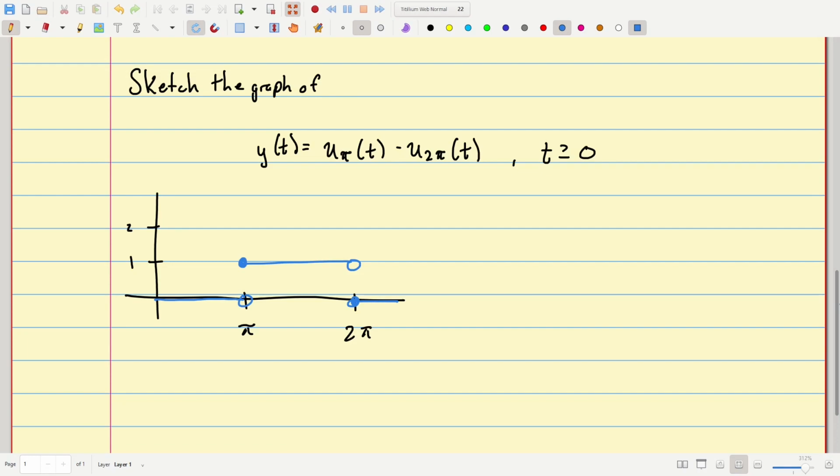And it's 0 for the rest of the values for t. So piecewise, what that looks like is 0, 1, and 0. We can break it up into 3 pieces. The function's not defined for values of t that are less than 0, so we stop there.